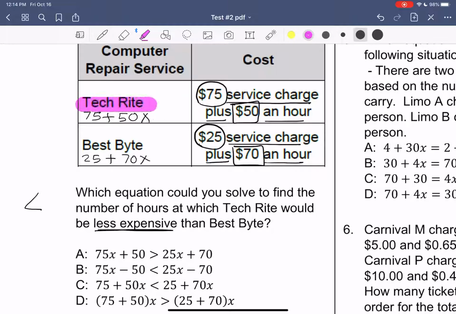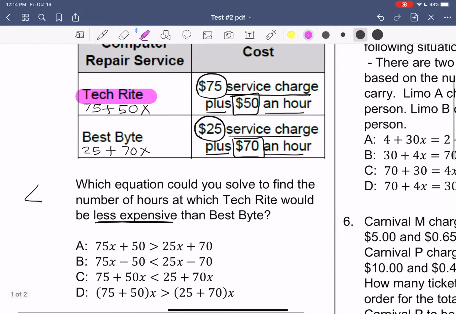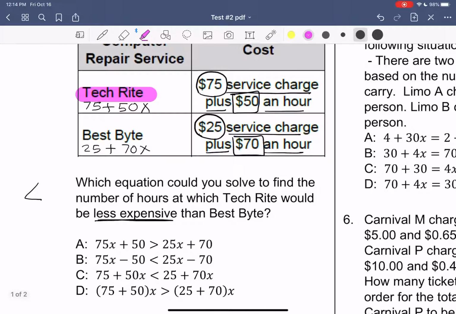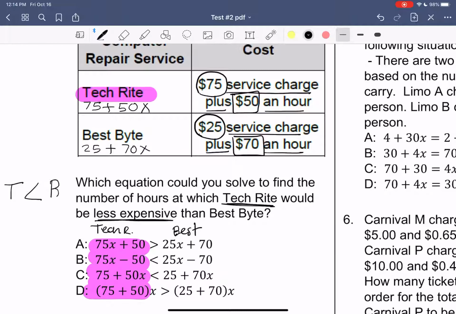So if I have TechRite in purple, when I'm looking at my answer choices, it looks like all of the TechRite is on the left. So we're looking for TechRite, and the other side is looking like Best Buy. So we need TechRite to be less than Best Buy.